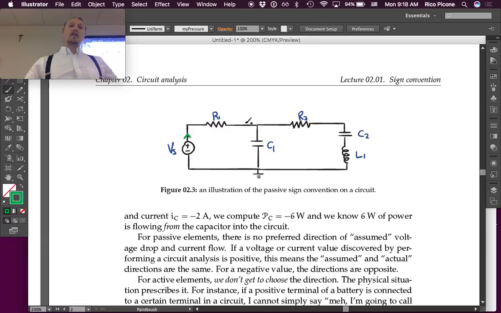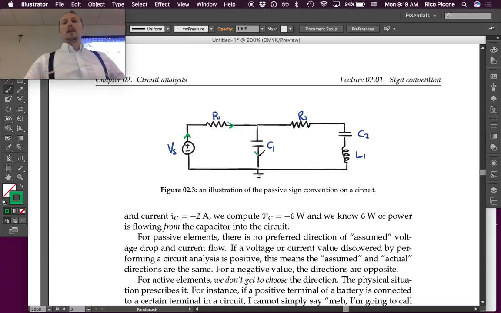You just have to stick to whichever direction you choose. I would say it's typical to draw the voltage drops and the current flows away from sources and towards ground. But that is totally up to you. You don't have to do that. And some people define it in terms of a loop. But in this class, I'm going to encourage us to all use per element.